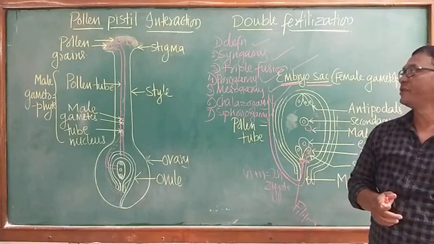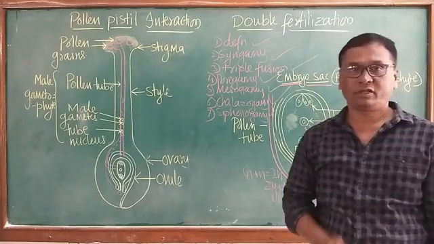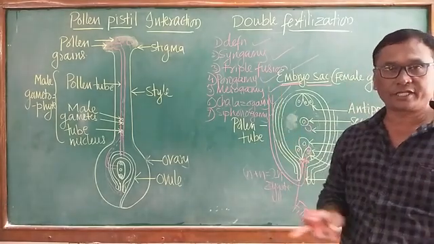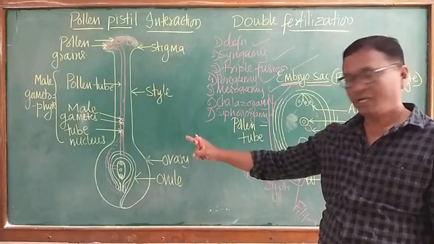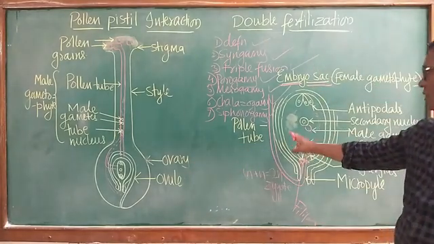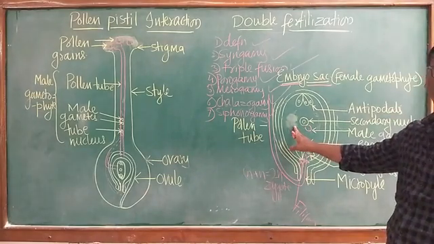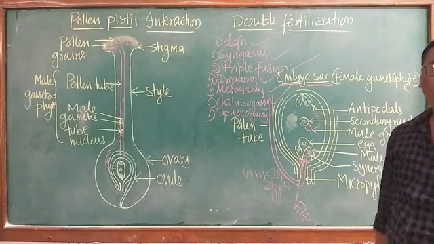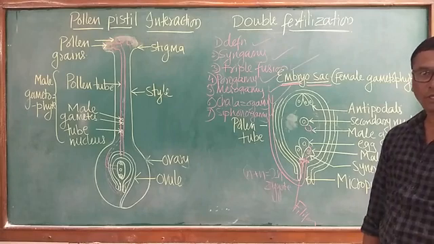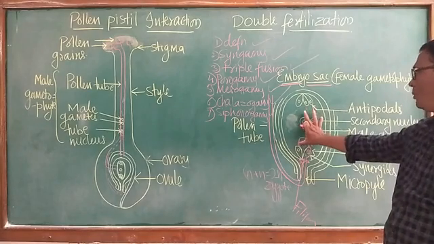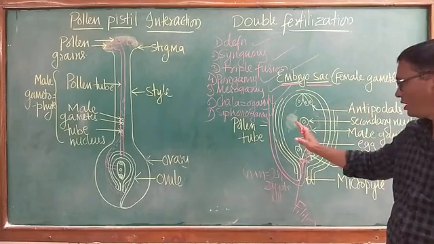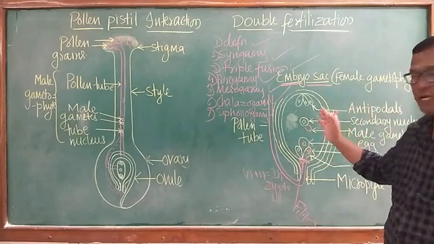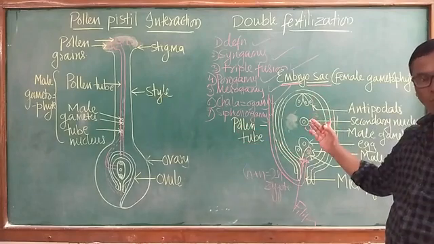So today, we have studied the pollen-pistil interaction first. The pollen-pistil interaction later helps in the process of double fertilization. Then the double fertilization slowly and steadily converts the ovule into seed and the ovary into fruit.